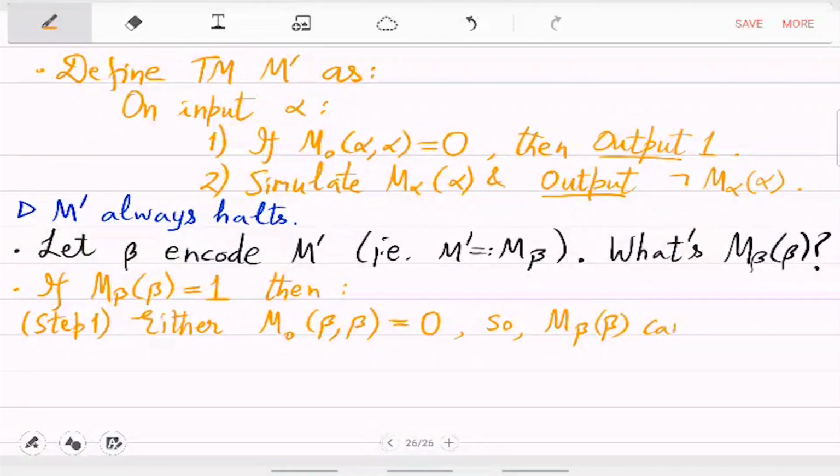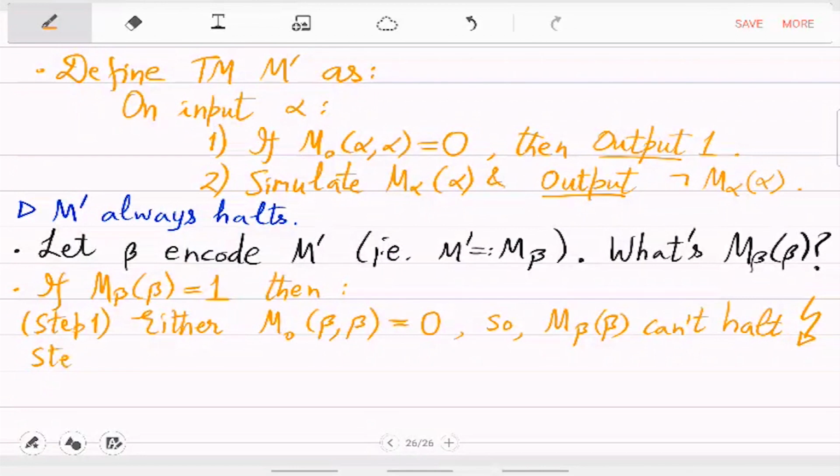Can't halt. So, that leads to a contradiction, because we are in the case where M beta beta value is 1. So, obviously it halted. So, it cannot be that you got output 1 in step 1.